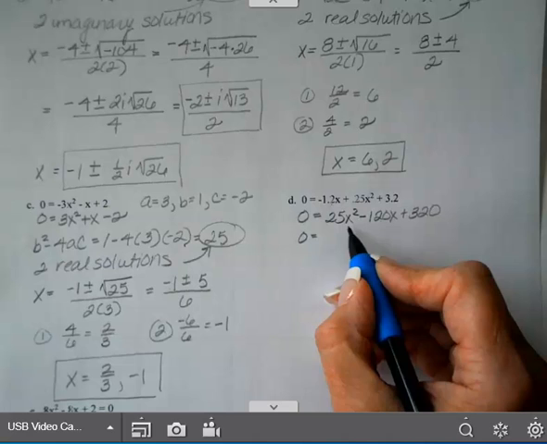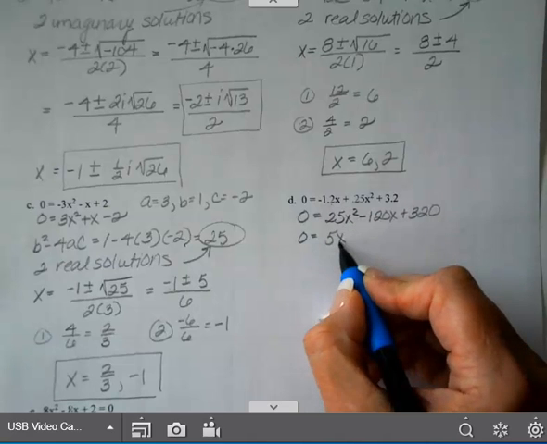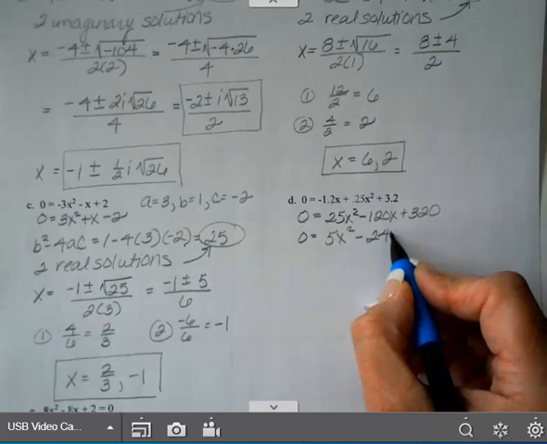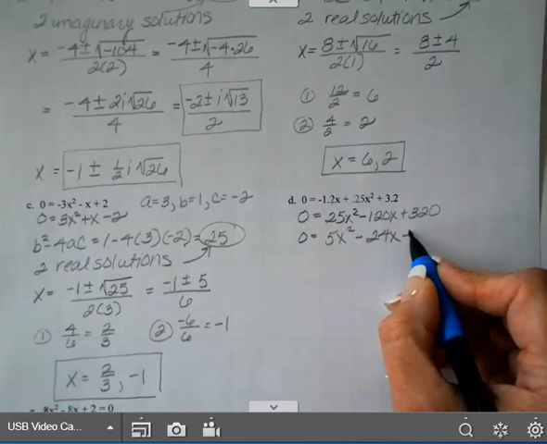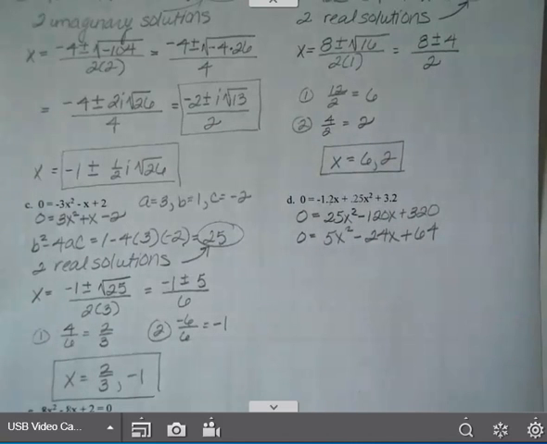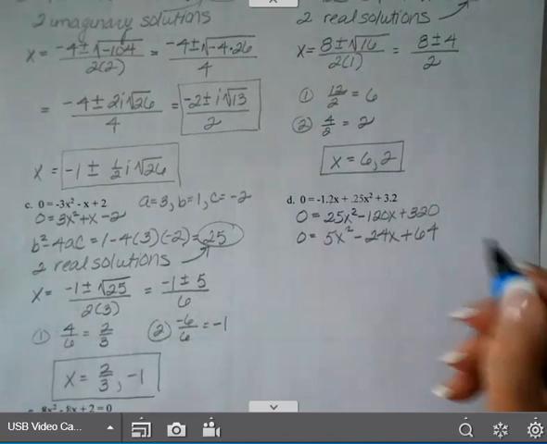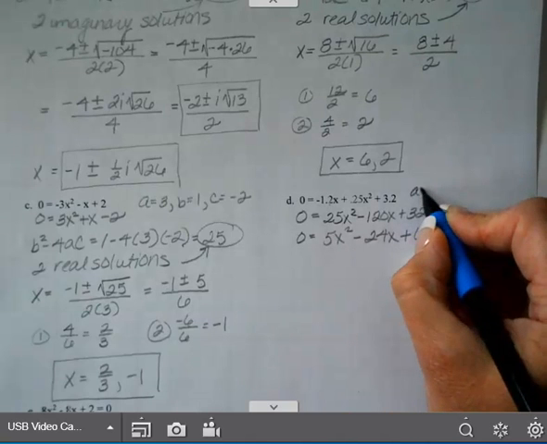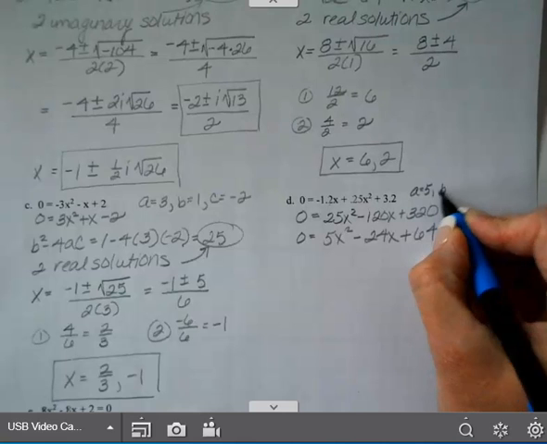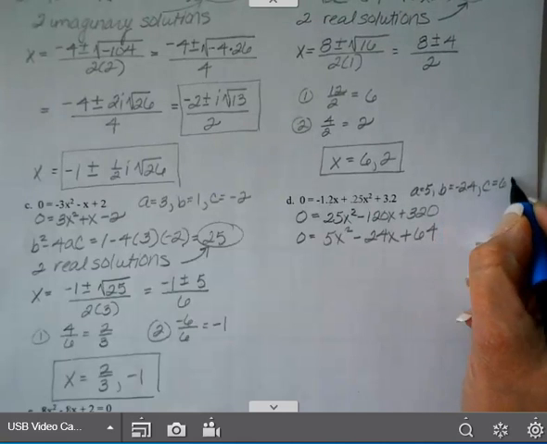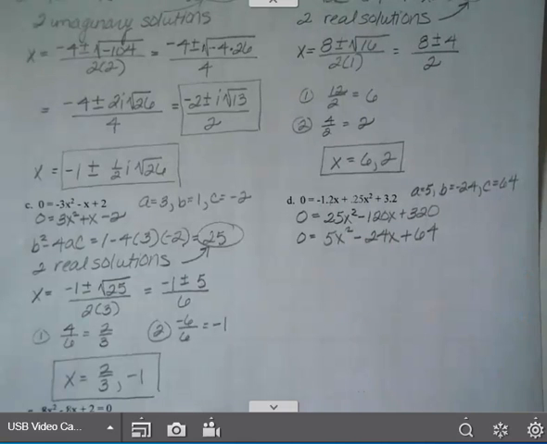Okay, so if I divide each of these by 5, that's going to be 5x squared minus 24x plus 64. No, it looks like 5 is the biggest one that we're going to get to divide by. Okay, so A in this case is 5, B is negative 24, and C is 64. These are larger than I like, but oh well.